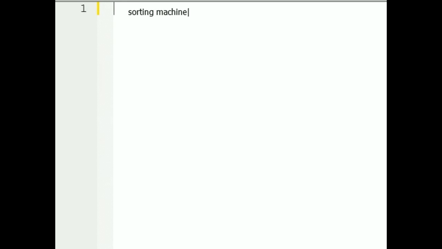It's in sorting machine. It sorts counterintuitively.